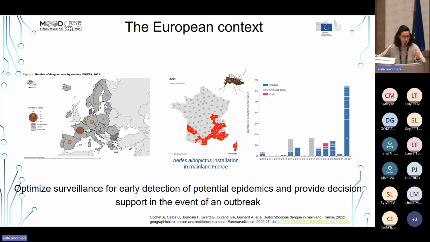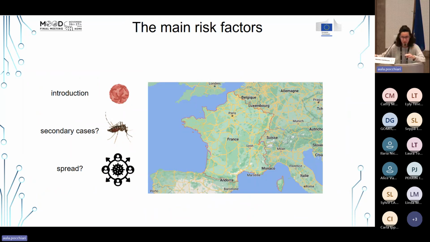So we wanted to provide support to the public health operators to optimize the surveillance, to have an early detection of potential epidemics and provide decision support in the event of those outbreaks to better target vector control. So the objective was, like we do in MOOD, to co-create a tool with the user, here identified as the person in charge of designing the vector surveillance and control.